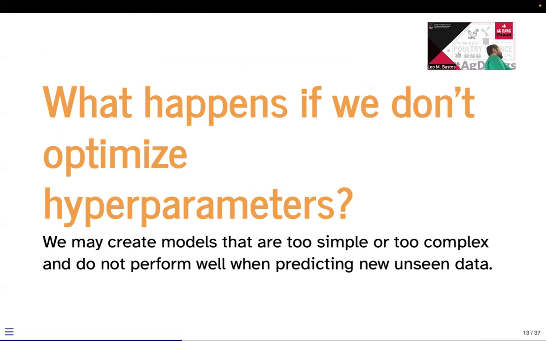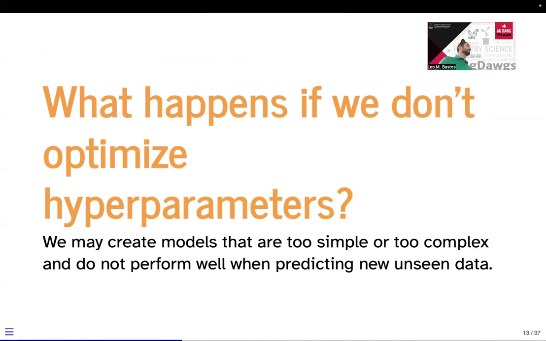Now, what happens if we do not optimize hyperparameters? When I see papers that tell me they use random forest but never explain how they train the model, I'm really thinking, well, you probably did not train the model, because if you're not explaining, you probably didn't do it. This is not really a fully complete machine learning workflow.